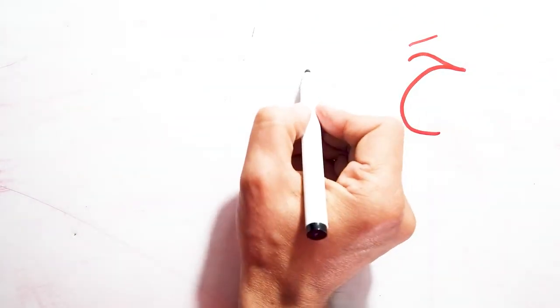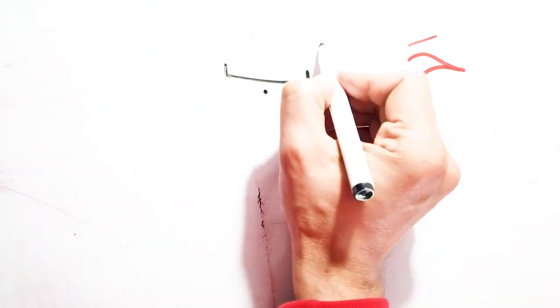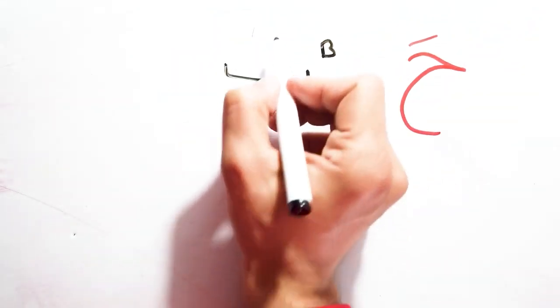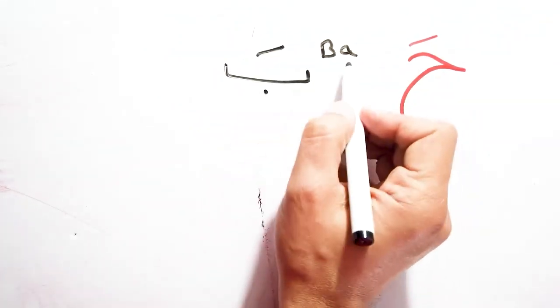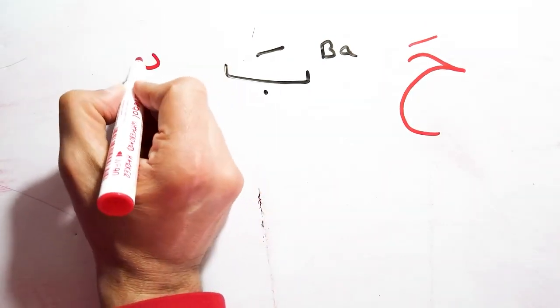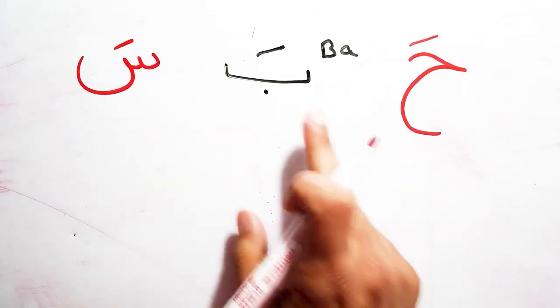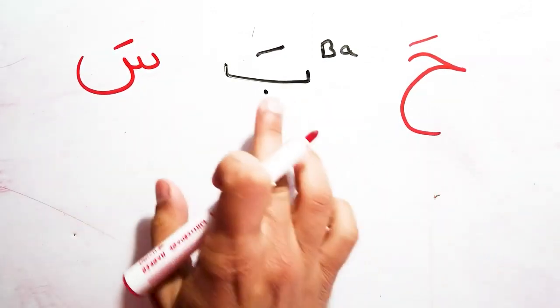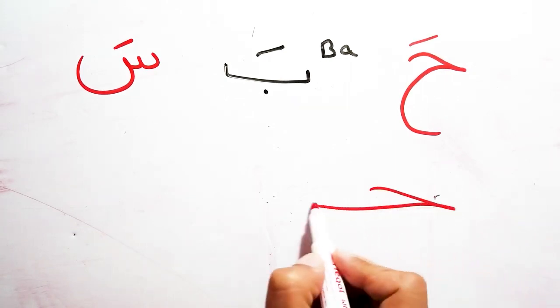Ba. This one sounds like letter B. Ba. Sa. Now we know what's sa. Ha. Let's connect them. Ha in the beginning of the word.